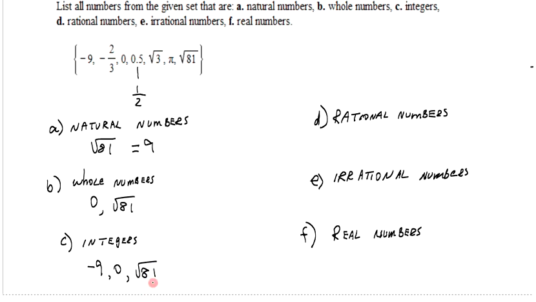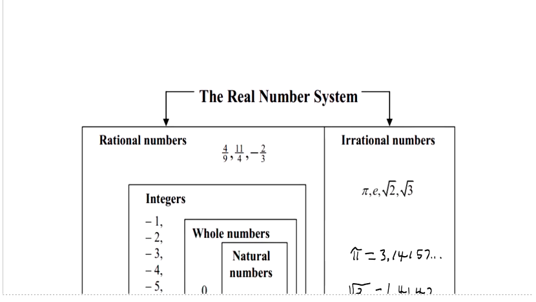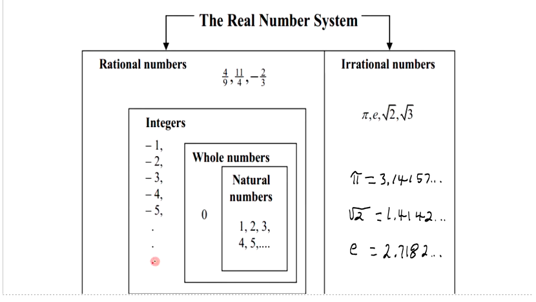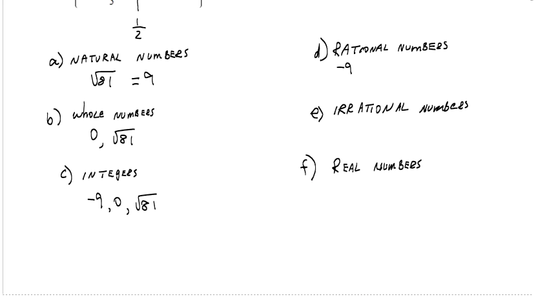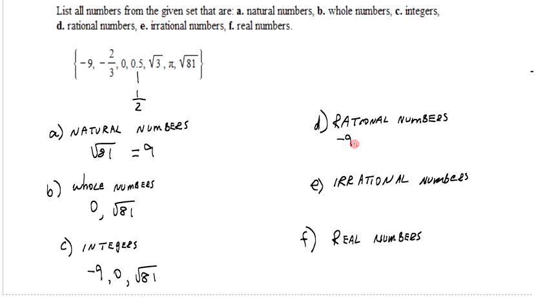Now rational numbers. Here we can start adding in the fractions to what we've already listed. So -9, that's rational. I know it's going to go back here for a second. See, -9 is one of these integers, but it sits inside the rational number box, so it's also a rational number. And -2/3, that's rational. 0 is rational. 0.5 is rational, because it could be written as a half.